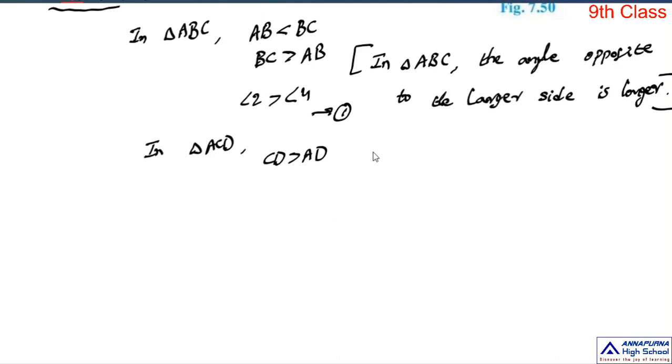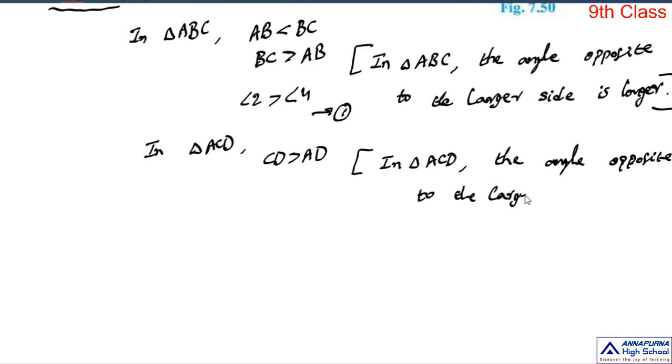Now applying the same property in triangle ACD: the angle opposite to the larger side is larger.